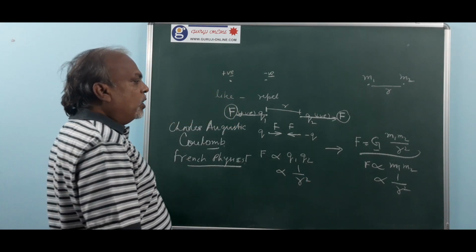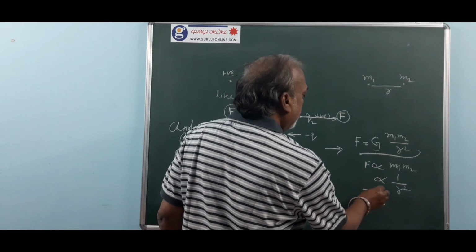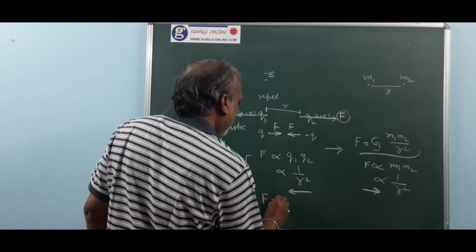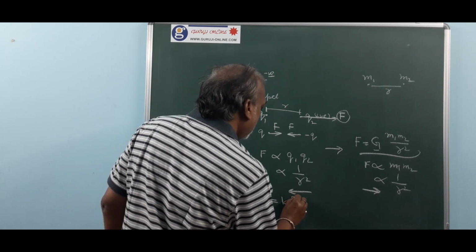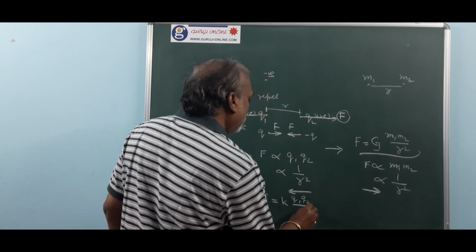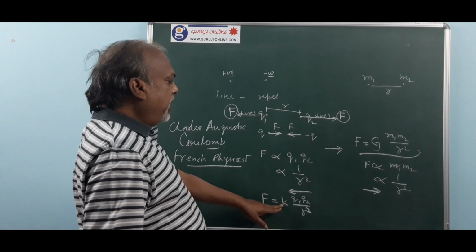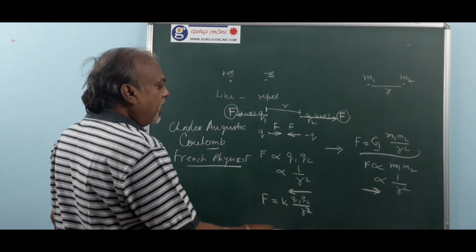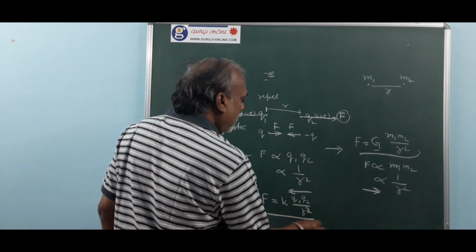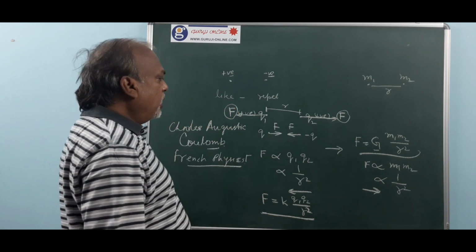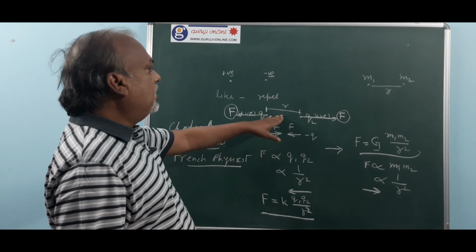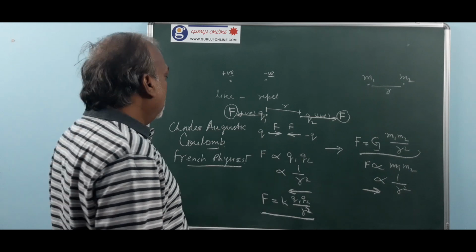So, like this, we have here also this formula, k Q1 Q2 upon r square, where K is the electrostatic constant. So this is basically Coulomb's law for finding out the force between any two charges. In this case, force can be attractive or repulsive.